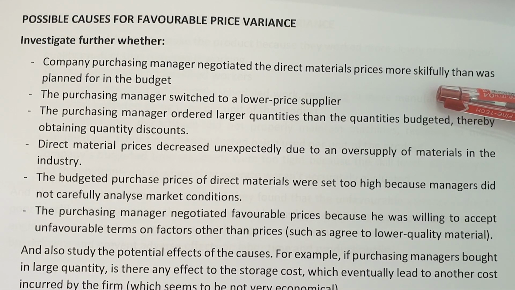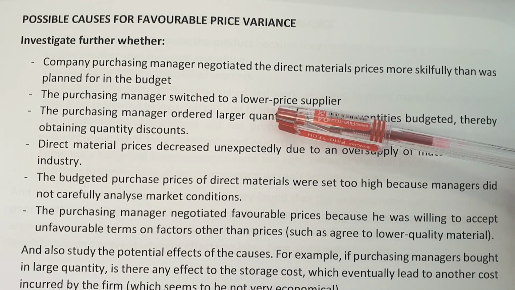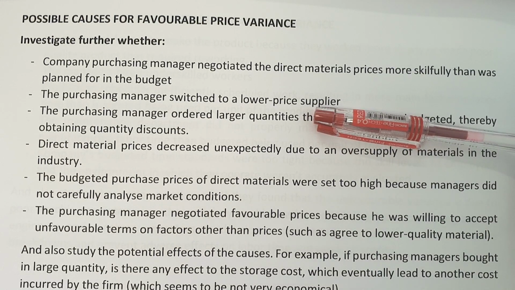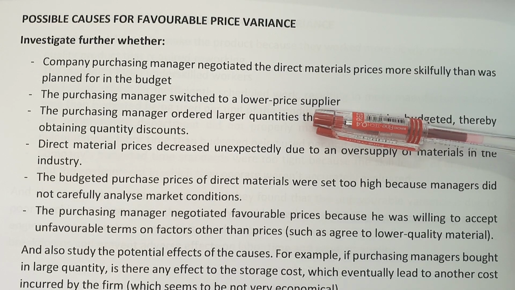That leads to this lower actual cost finally? Or is that because the purchasing manager switched to a lower price supplier? What about the quality? Yes, we receive lower price material, but what about the quality? Is that similar to the one that we already planned?